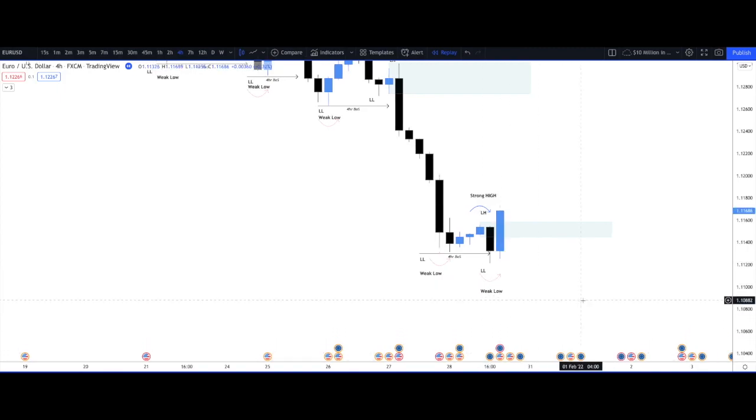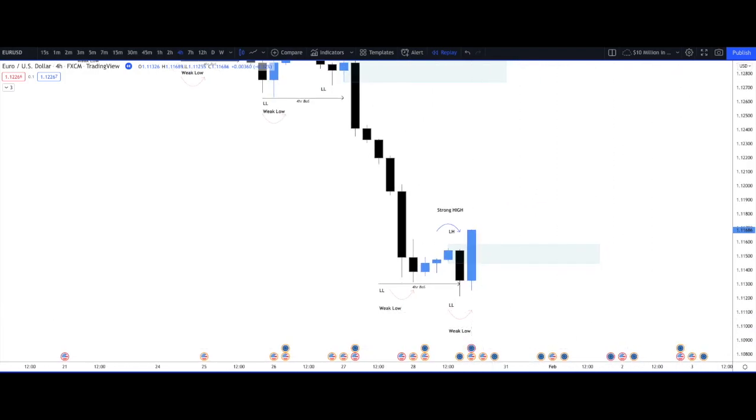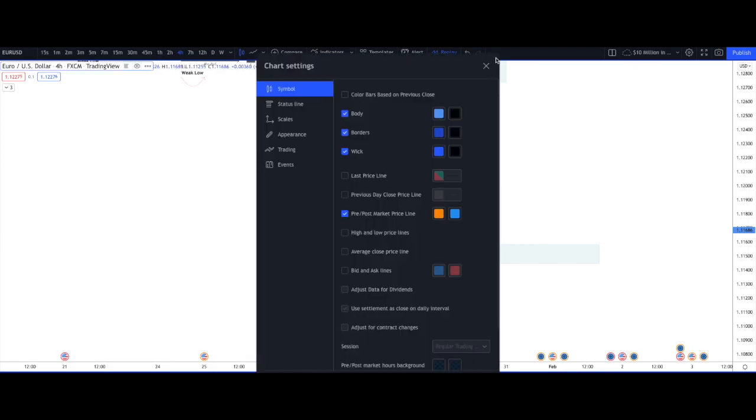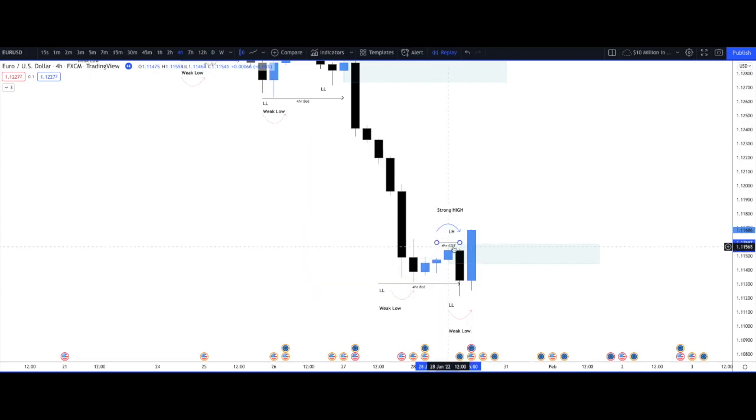All right. So what have we done right now? We've had a change of order flow. So we made a lower low, lower high, lower low. Now we have had a 4-hour change of trend. All right.